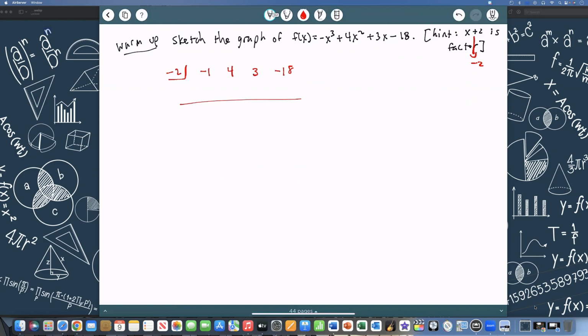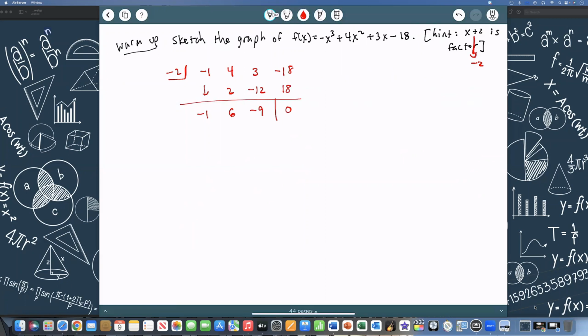So I'll bring down the -1. -2 times -1 is a +2. That'll give me a 6 if I add them. 6 times -2 is -12. That'll give me a -9 if I add them. -2 times -9 is a +18, which does in fact give me a remainder of 0, which it needs to, because the factor theorem tells me that if it is indeed a factor, the remainder needs to be 0.